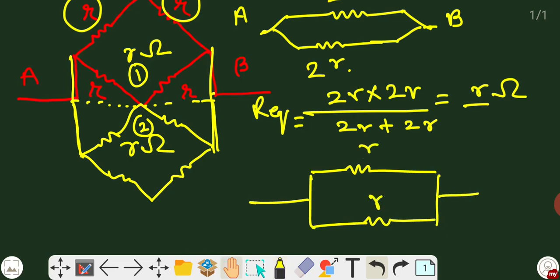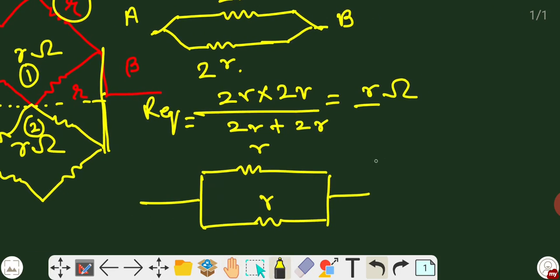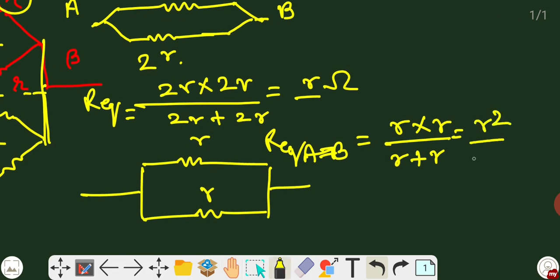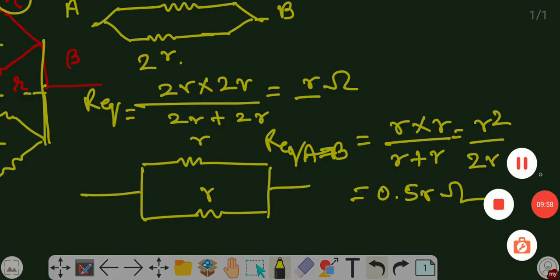They both are in parallel with respect to each other. So the R equivalent across A and B is R into R upon R plus R, that is R square upon 2R, and that is 0.5R ohms.